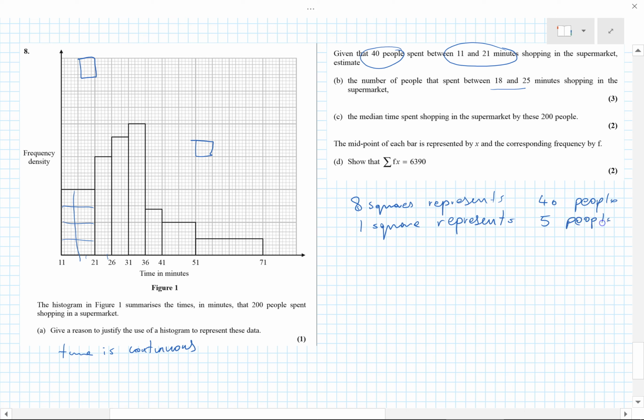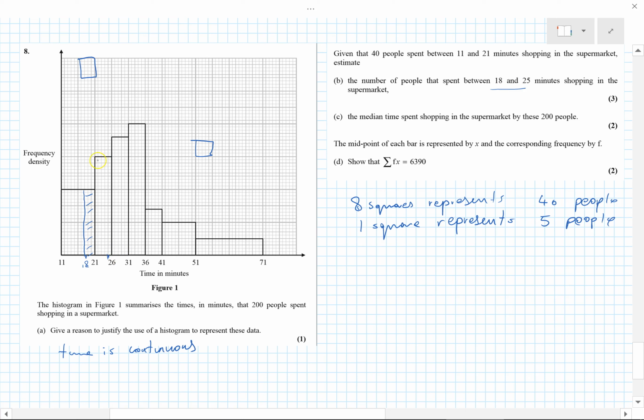So let's see if we can answer the question from that. It says estimate between 18 and 25. So let's rub that out again now. Here we've got a class width of 10 there, but more to the point, 18 is 0.3 along there. So we need to work out that area in squares, and then that's up to 25.